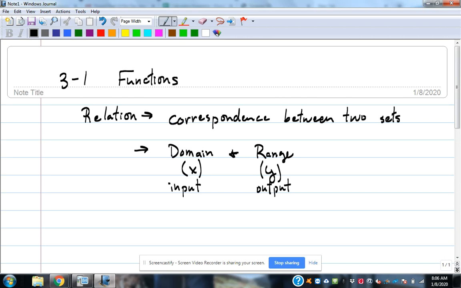So a relation, an example of that, how do we normally write a relationship between x and y in an algebra class? What's the most basic way? Maybe here's a hint. An ordered pair. Ordered pairs. That's the most basic relationship we have.